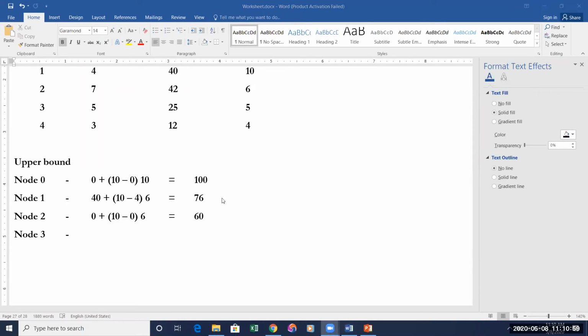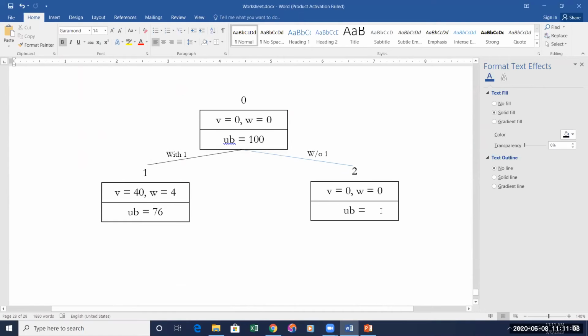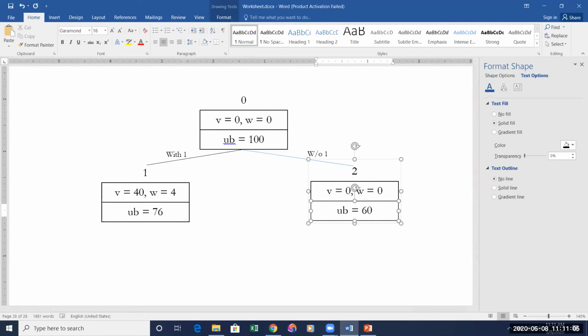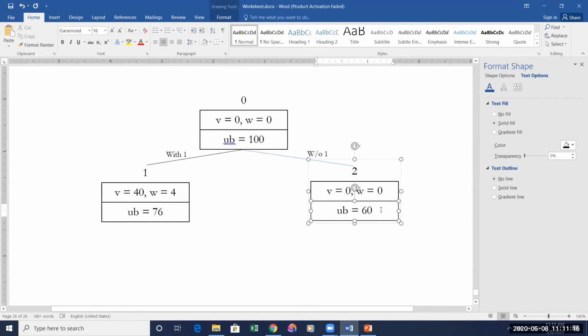Next, after this step, what are you supposed to do? You're supposed to check the values of the upper bounds of the live leaf nodes. One leaf node has 76, the other leaf node has 60. Since this is a maximization problem, we have to move with the 76, the maximum value, because this is the node that is promising.